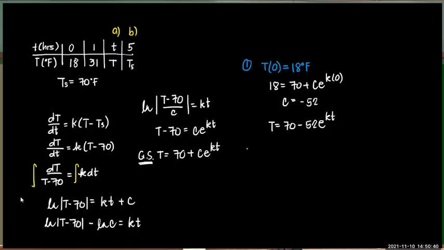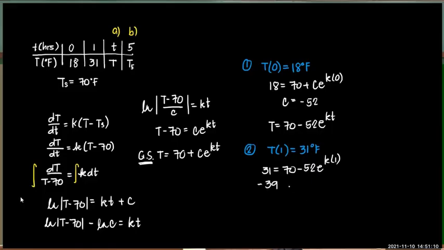The other condition given to us is that at 1 minute, the temperature is 31 degrees Fahrenheit. So let's apply that. 31 is equal to 70 minus 52 e to the K times 1 minute. Am I correct?